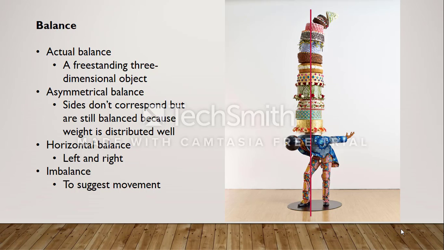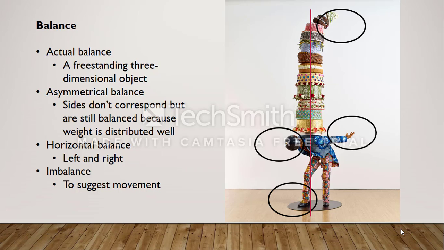Notice how this is demonstrated with the application of the red line, which runs down the center of the object vertically. Still, you could say that the sculpture is balanced, as opposing sides have mostly equal distribution of weight. This creates horizontal balance, which is still potentially imbalanced because of the suggestion of movement created by the cakes on the verge of falling.